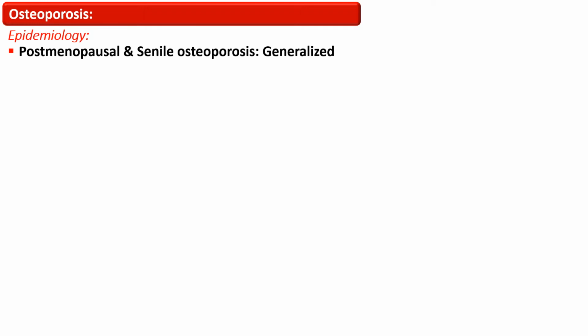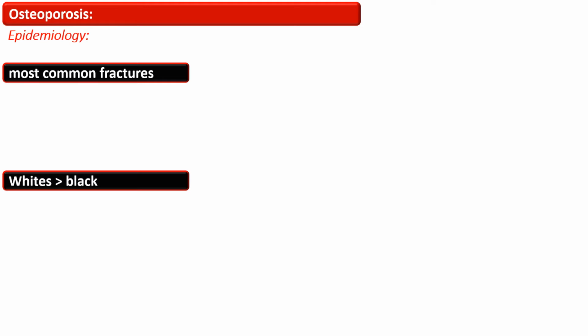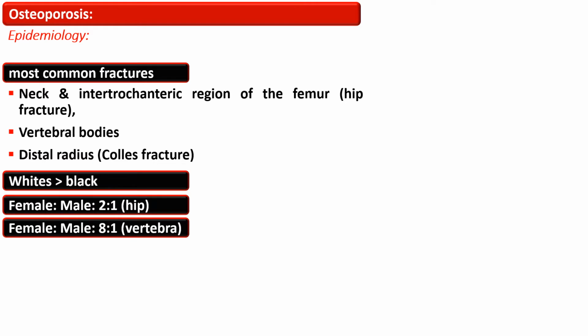The postmenopausal and senile types of osteoporosis are commonest, and these are of generalized type. The most common fractures encountered in osteoporosis are fractures of the hip, and the common areas are the neck and intertrochanteric fracture of the femur. The vertebral bodies and distal radius, also termed Colles fracture, come next.